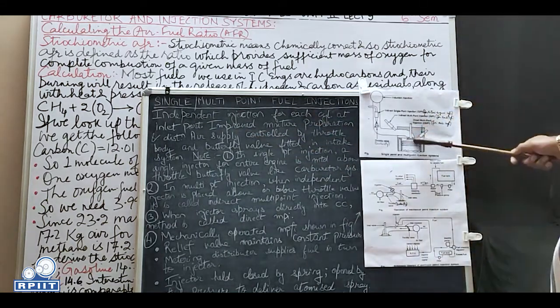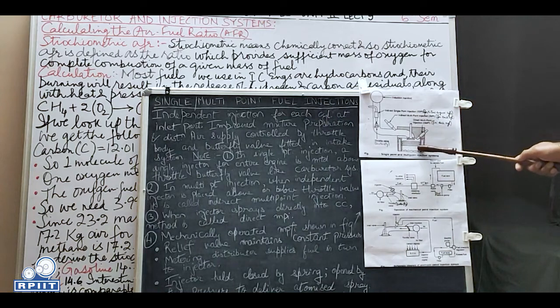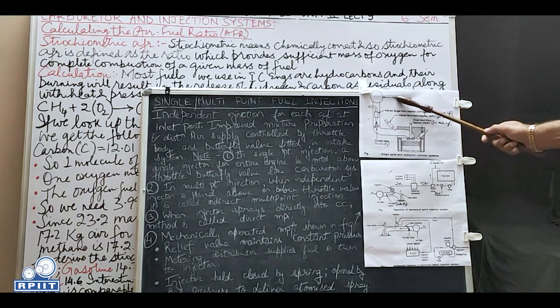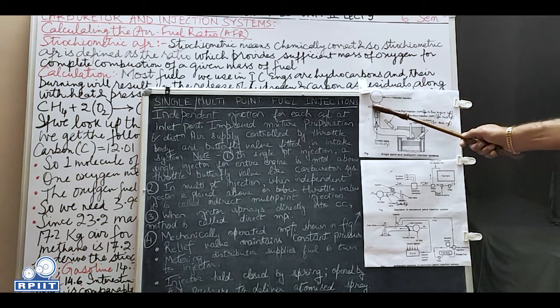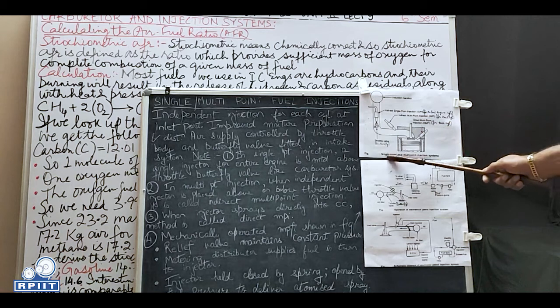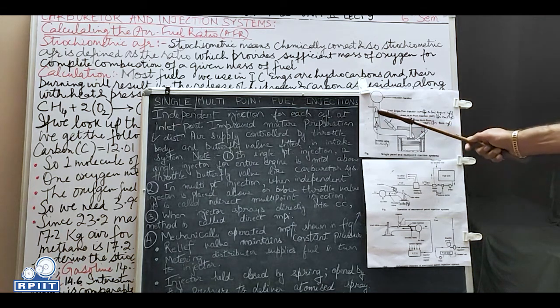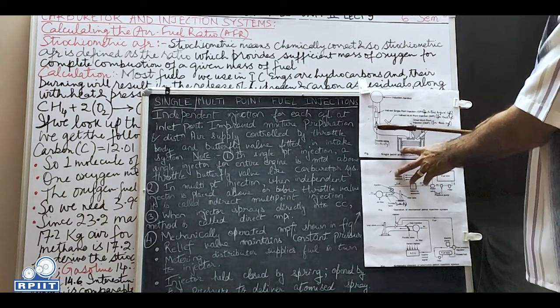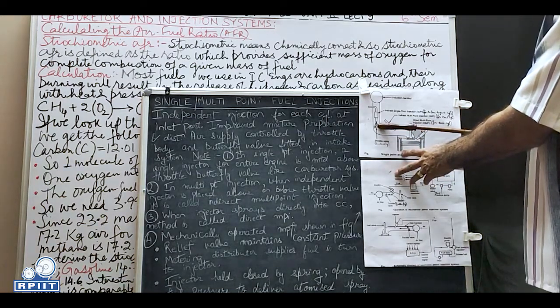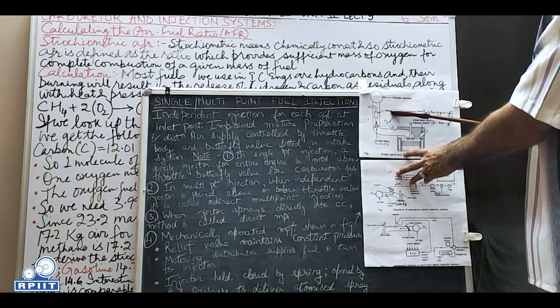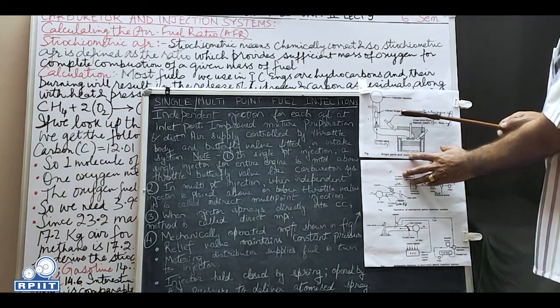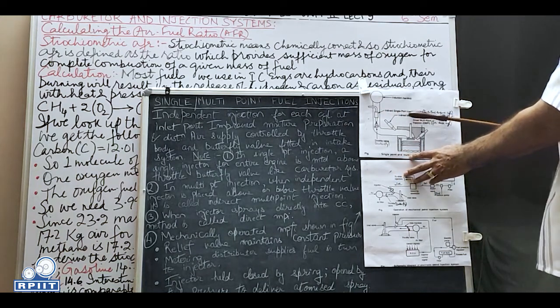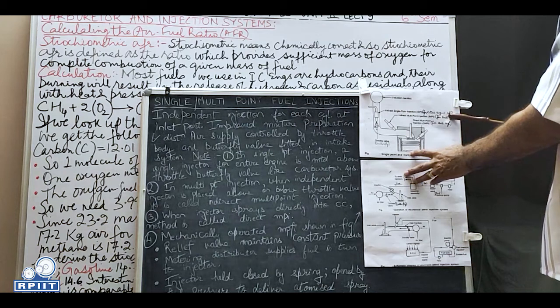This is the diagram. This is the engine cylinder. One cylinder is shown. Induction manifold for the fuel and air. These are the injectors placed, single and multi-point. This is a butterfly valve, as you know. Now, if the injector is placed before the butterfly valve, it is called single point injection system for the entire engine cylinders.